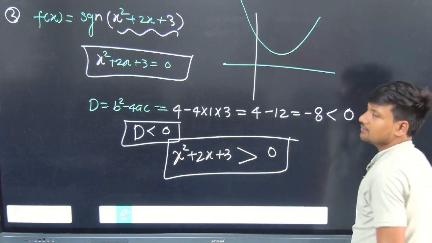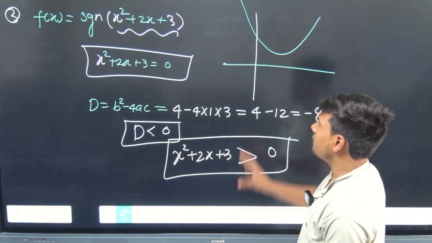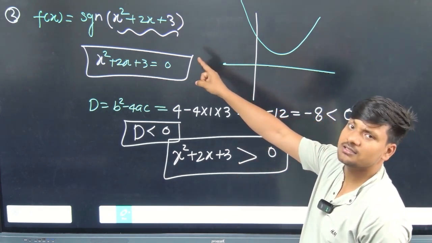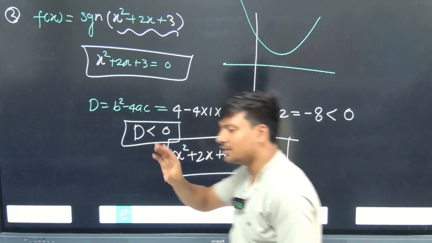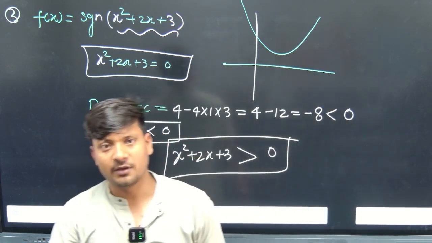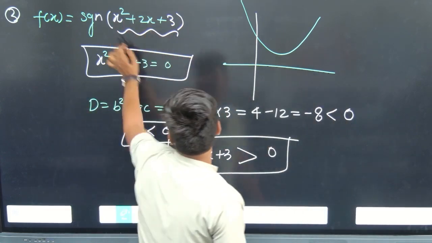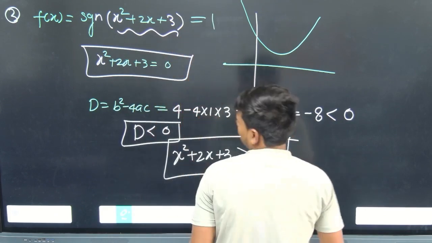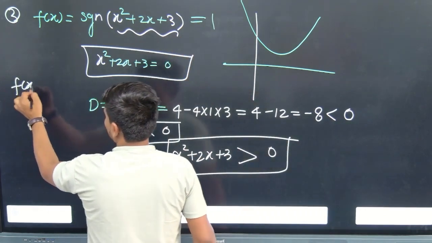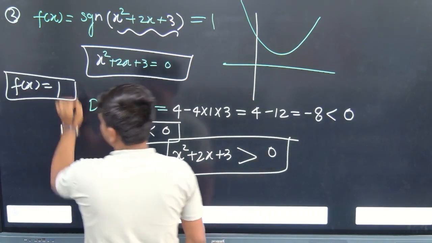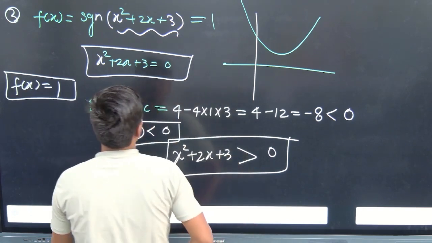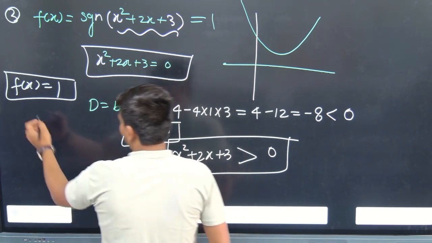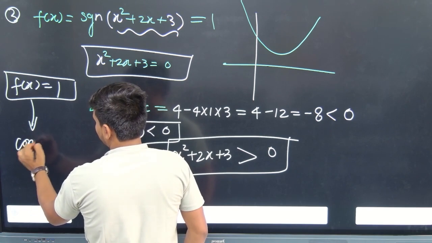So we are putting an input always greater than 0, and we know the Signum function gives 1 when we put a positive value. We are putting a positive value here, hence this will be 1. So this is a constant function, f(x) equal to 1, and hence always continuous.